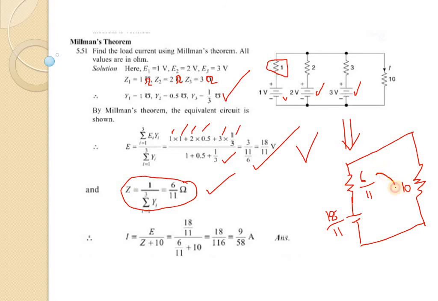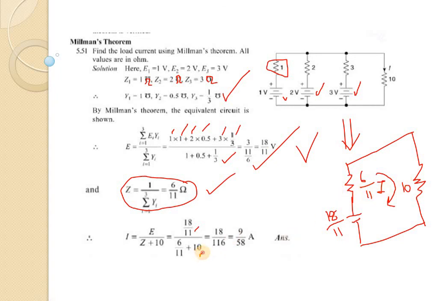So we can easily calculate the current. The current will be V divided by R1 plus R2, that is Z1 plus Z2. Here the value of V is 18 by 11, divided by 6 by 11 plus 10.